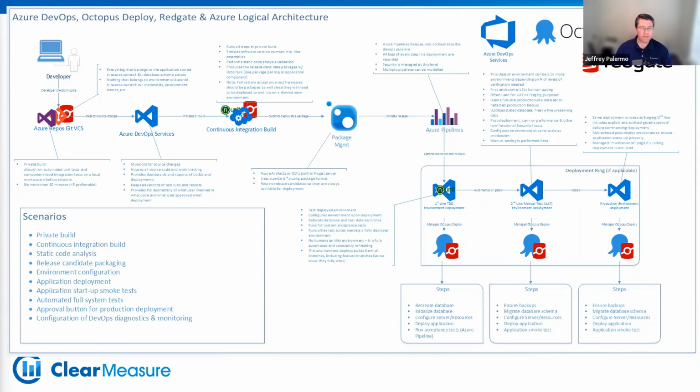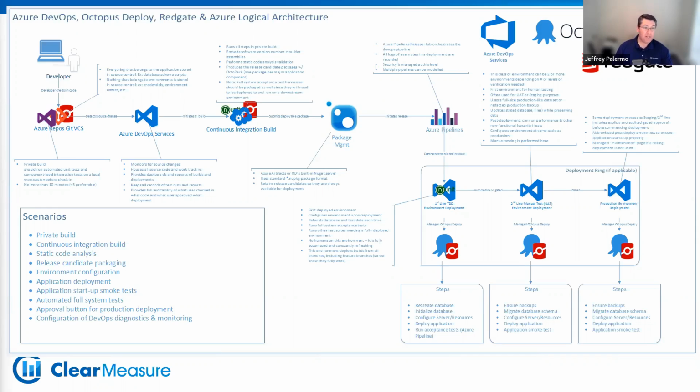So the private build is very, very important. It's very, very important that every software engineer on the team be able to run the private build locally with no network connectivity whatsoever, and have it run all the unit tests and the component level integration tests and build the database locally and make sure that the changes locally are even ready to be shared with the team.